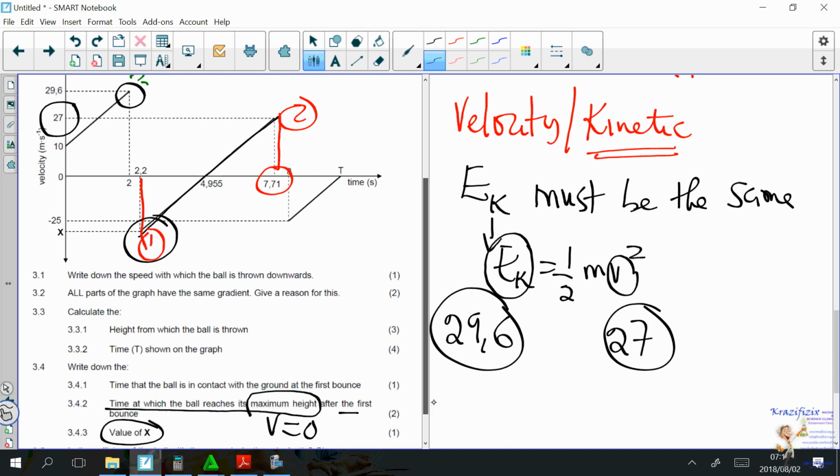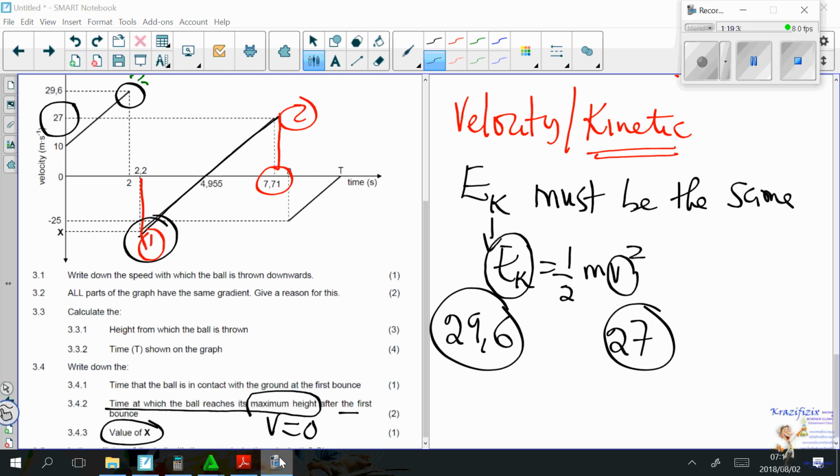So it's not. How do we now answer this question quickly? We now say that it is an inelastic collision.